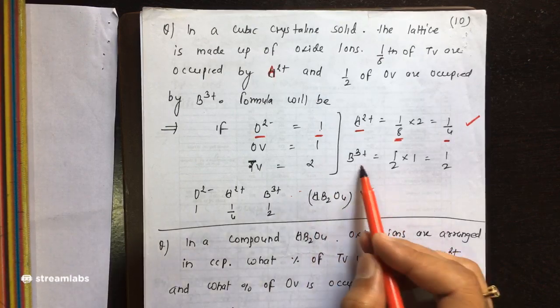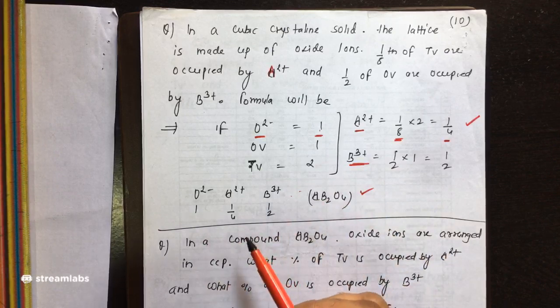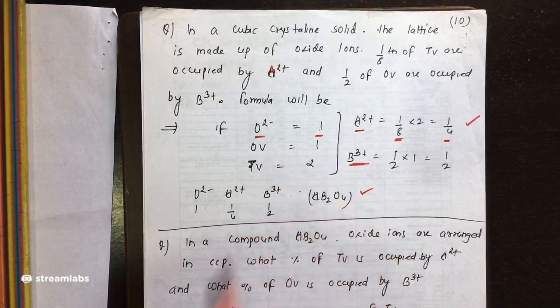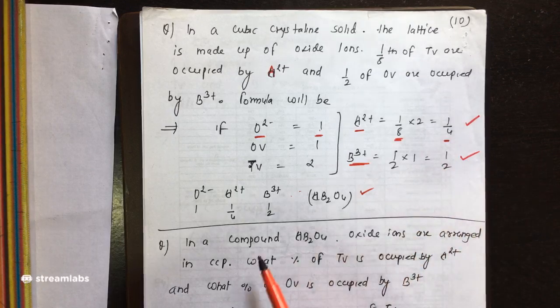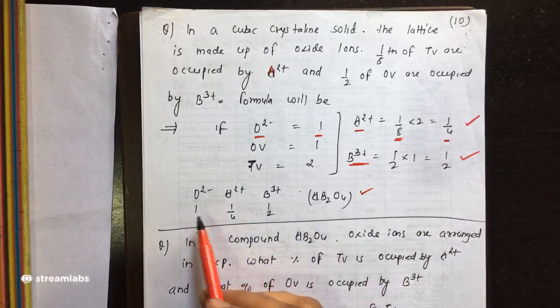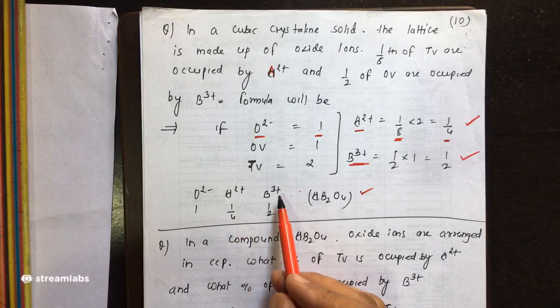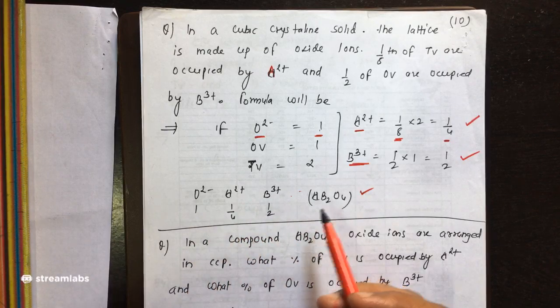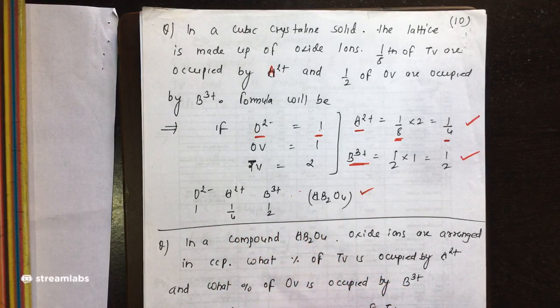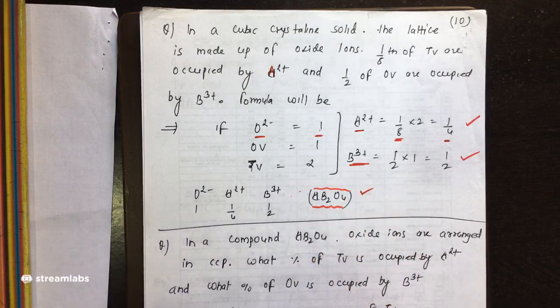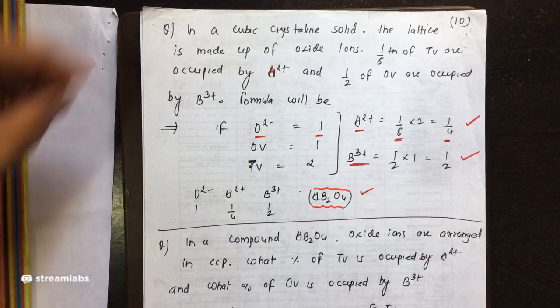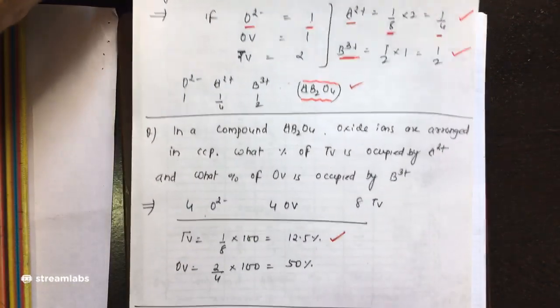How many octahedral voids are there? 1. So half of 1 is half. So O2- is 1, A2+ is 1/4, B3+ is 1/2. Now convert into integral numbers by multiplying with a suitable number, and you will get AB2O4. AB2O4 is the arrangement here.